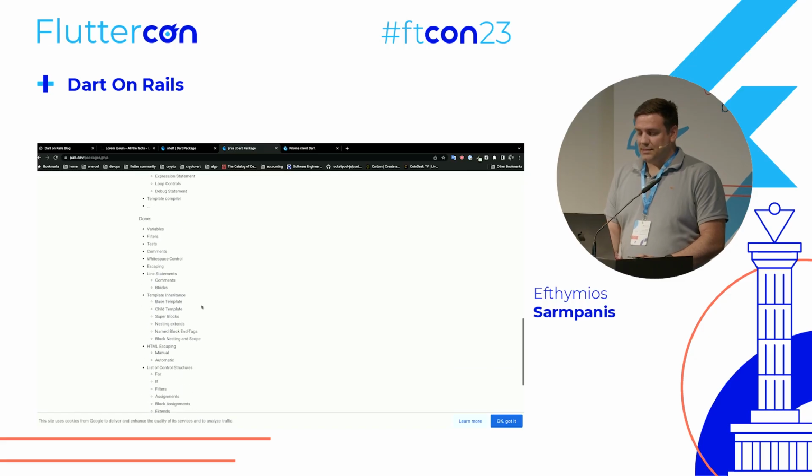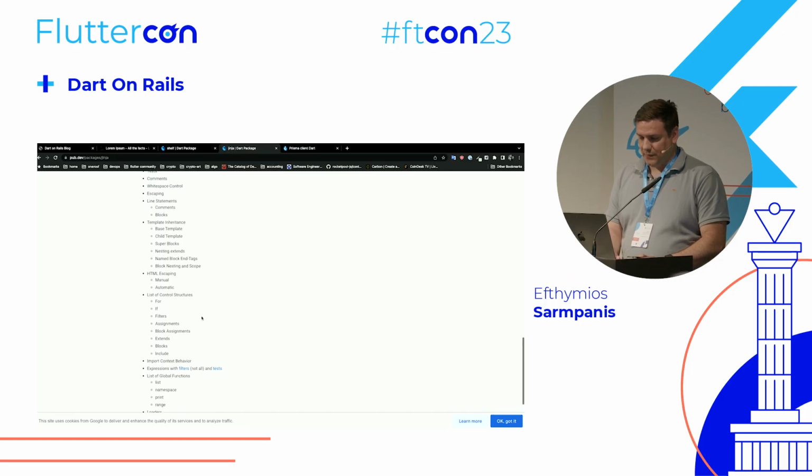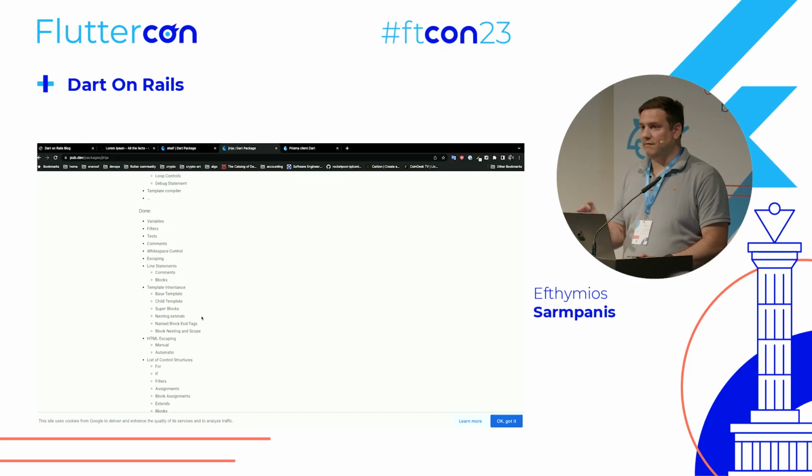But it also has some things that I really liked, which are blocks and partials. So you can have partial templates inheriting from another template. Then you can utilize layouts, as we will see in the code later on. So just because of that, I used Jinja.